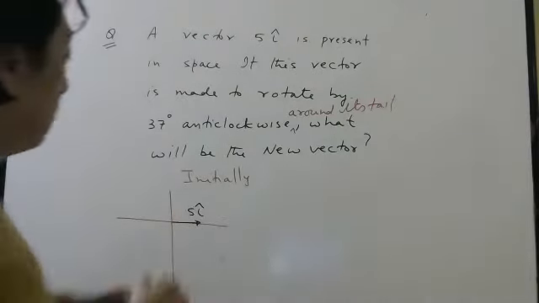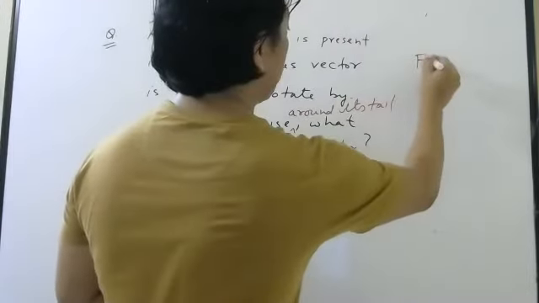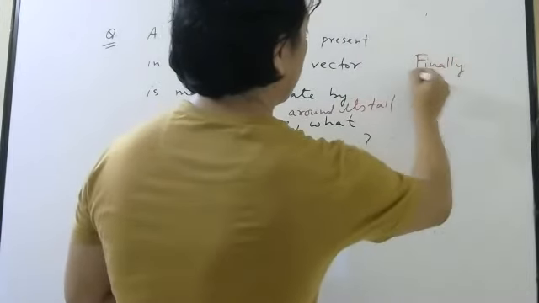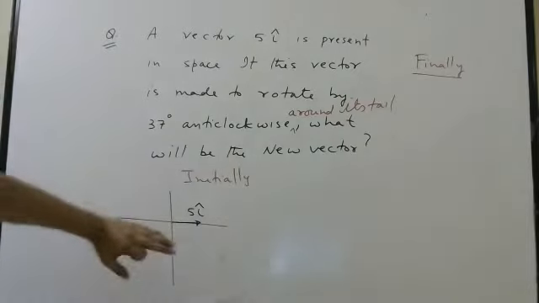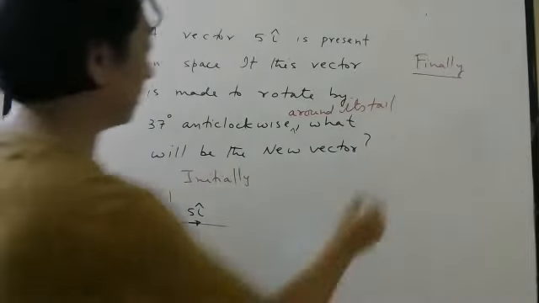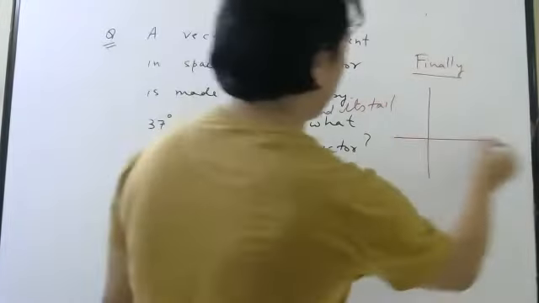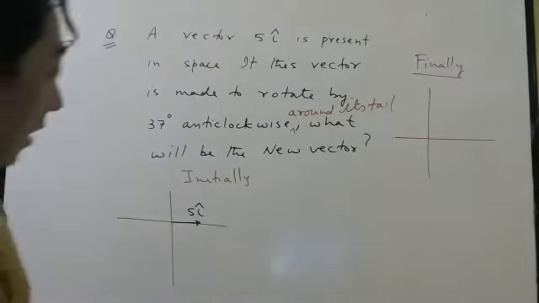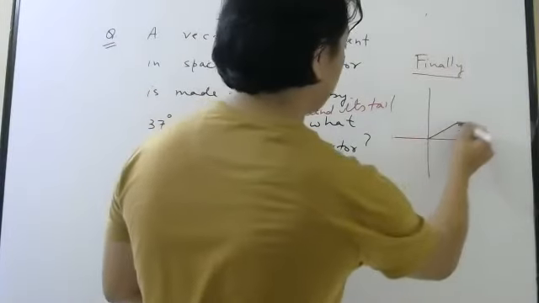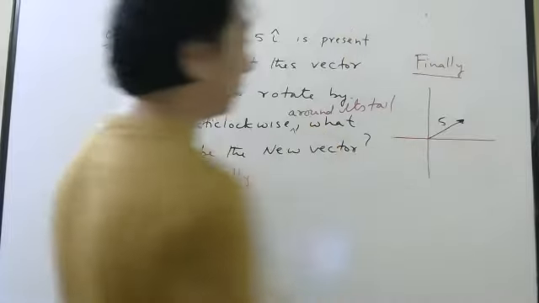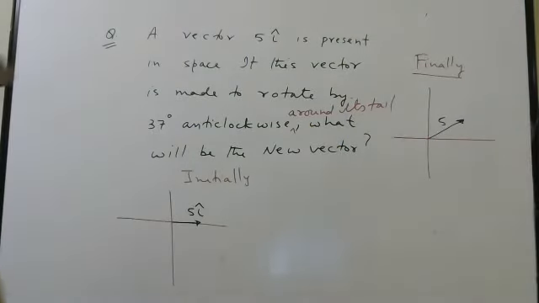Now you are rotating this by 37 degrees. The length will not change, remember. So now the vector will be here, with length 5 only.